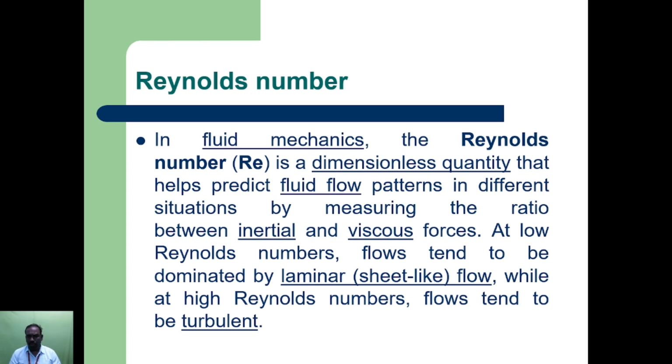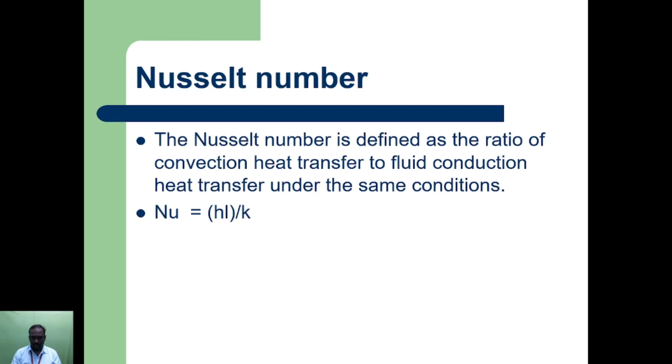High inertial force gives turbulent flow, like waterfalls, or a fast-moving engine boat at sea. That is turbulent flow in nature.